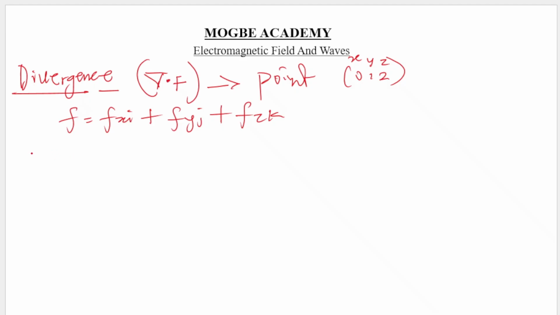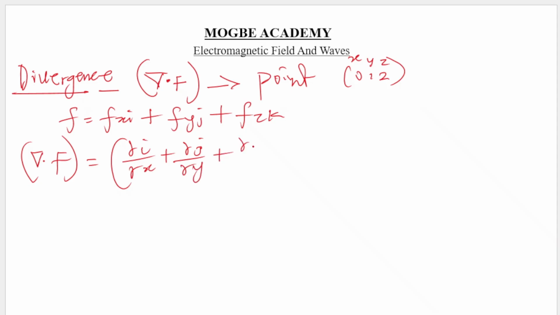Now, what is the divergence of our vector field F? The divergence of our vector field F will simply be partial i of partial x plus partial j of partial y plus partial k of partial z.